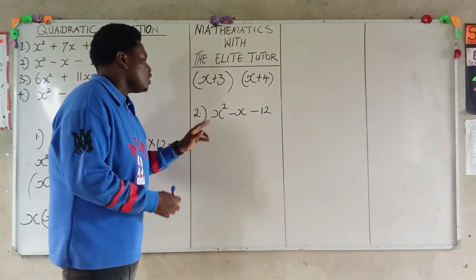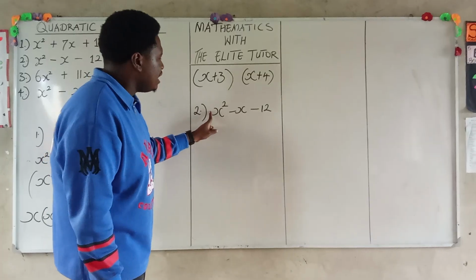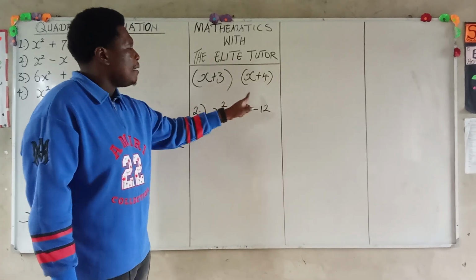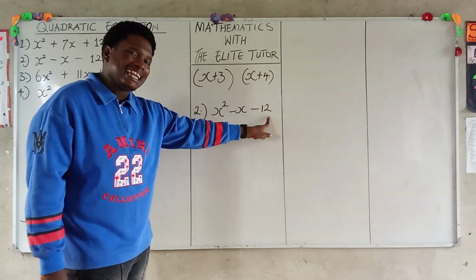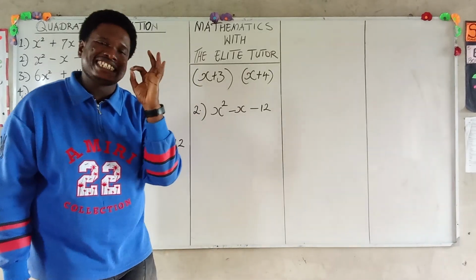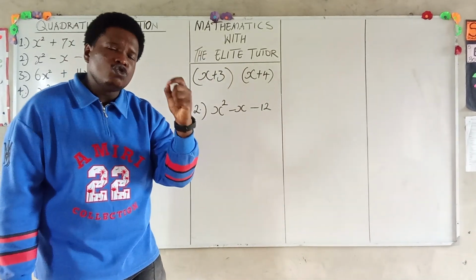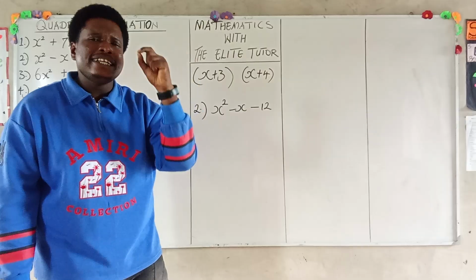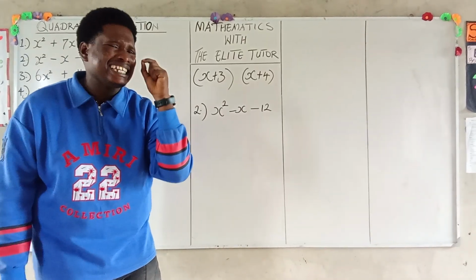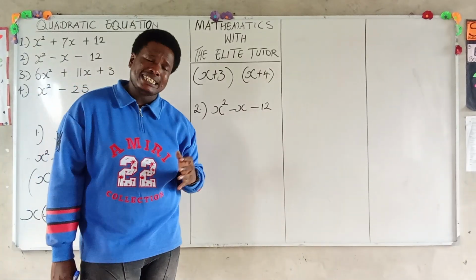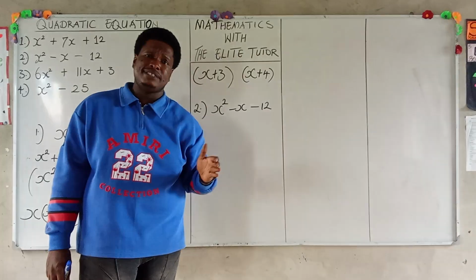So same method here, we are going to multiply the coefficient of the first term by our last term. Don't forget, one mistake that students always make is they don't take into consideration their signs, the positive and the negative sign.